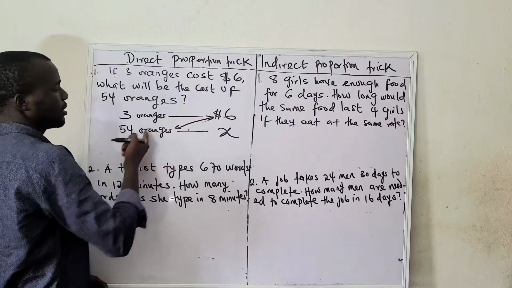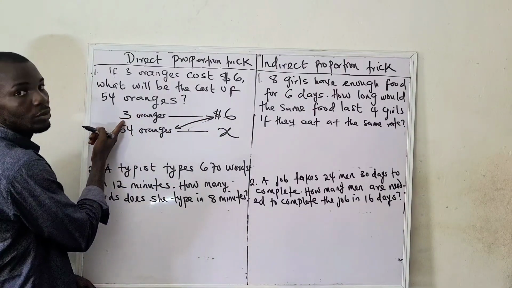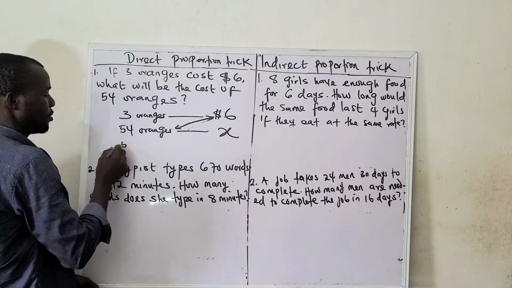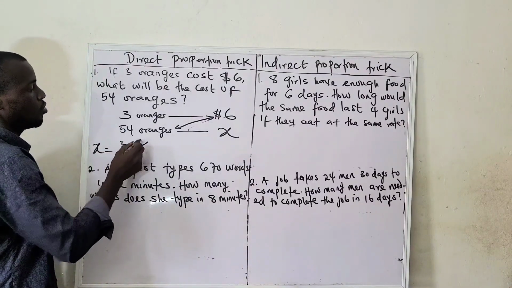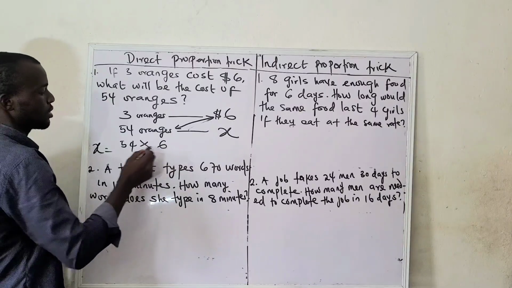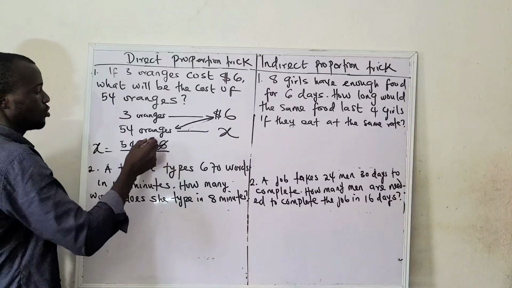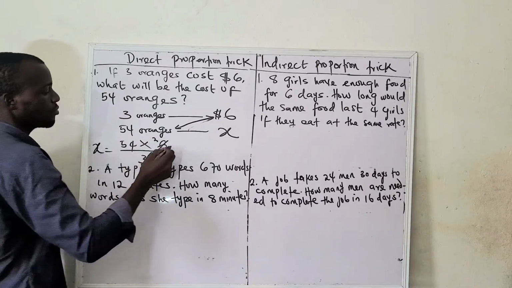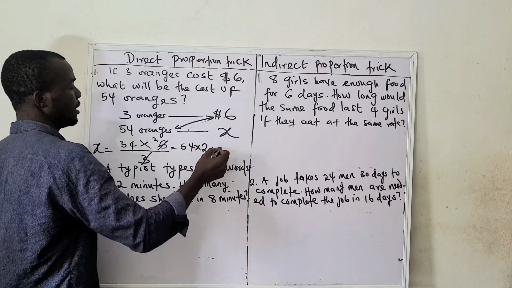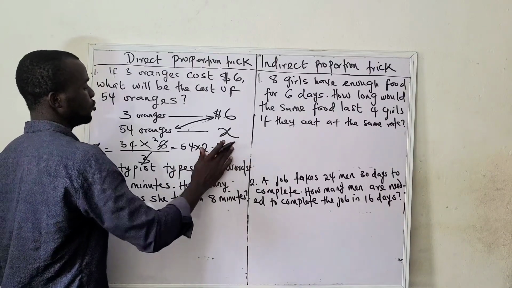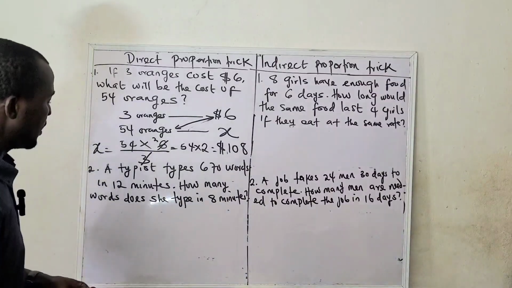So the alternate numbers are multiplied, and then you divide by the one left. Our x here will be equal to 54 times 6 over 3. And 3 into 6 is 2. So this will be 54 times 2, and that will be $108.